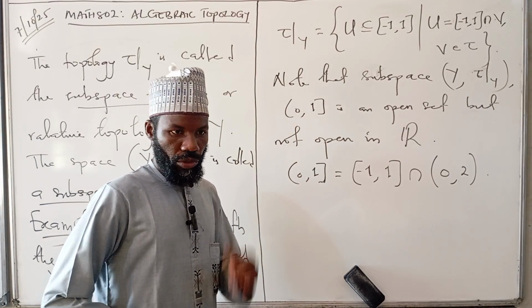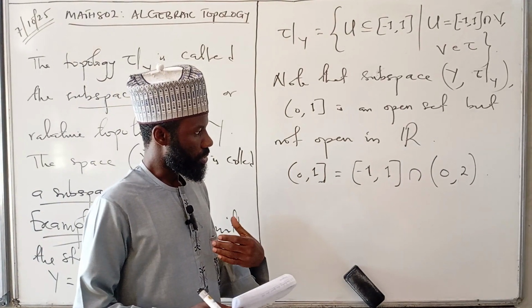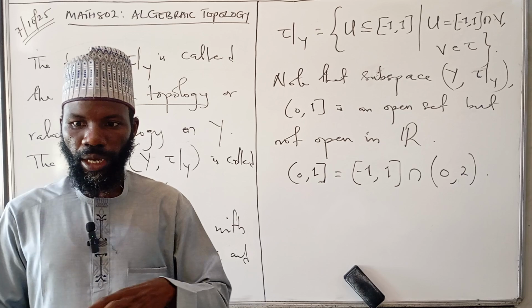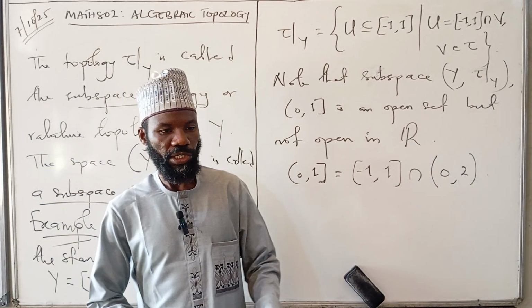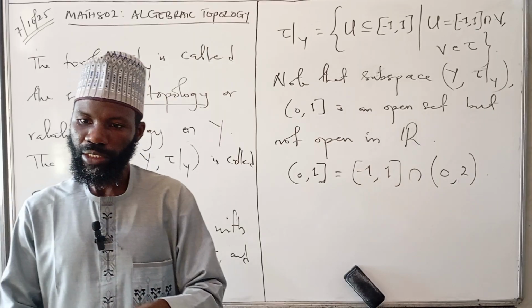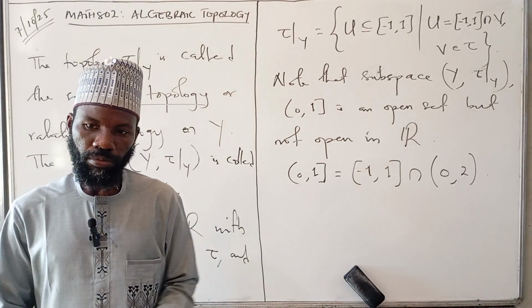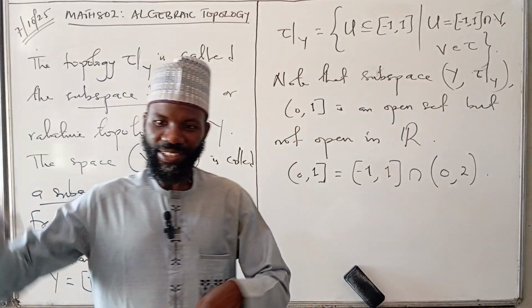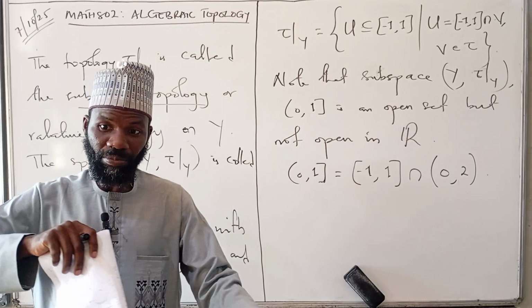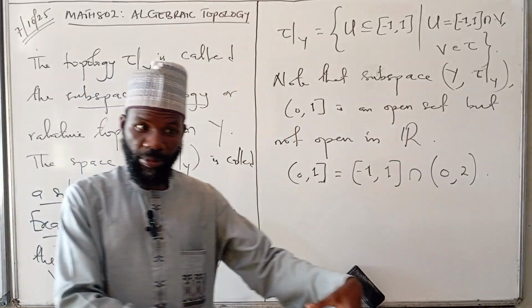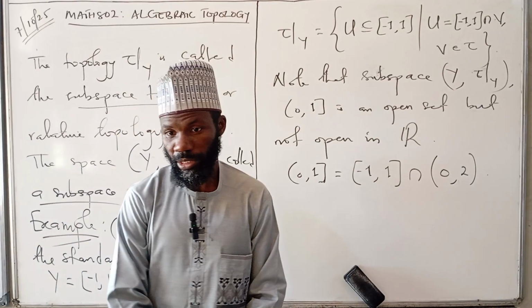I hope it's okay. This example is chosen just to let you know that the idea of a subspace in topological spaces is not like the way it is in groups. In a group, if you have a subgroup, whatever is the identity in the group originally must still be the identity here, and the binary operation is the same. Also the inverses of elements in the original group must remain inverses of the elements in the subgroup.